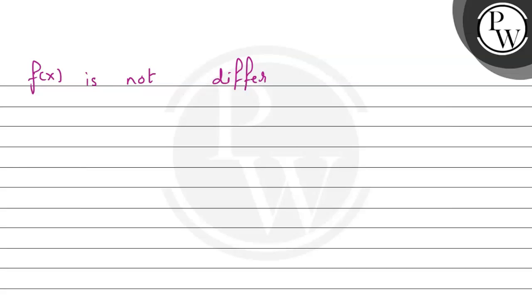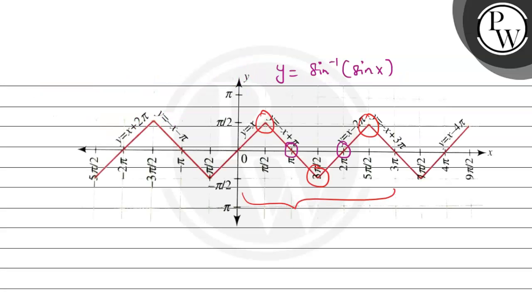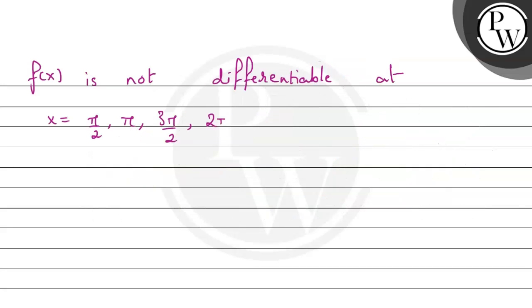differentiable at x equals pi by 2, pi, 3 pi by 2, then we have 2 pi and 5 pi by 2.